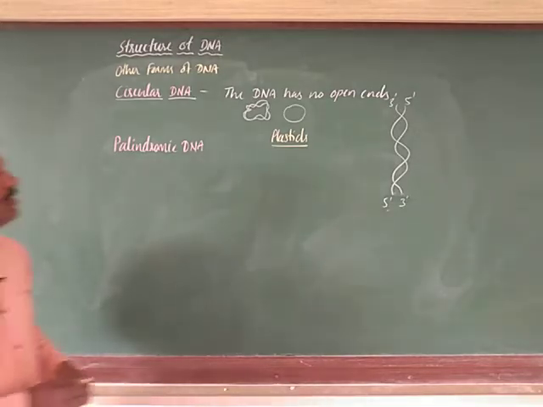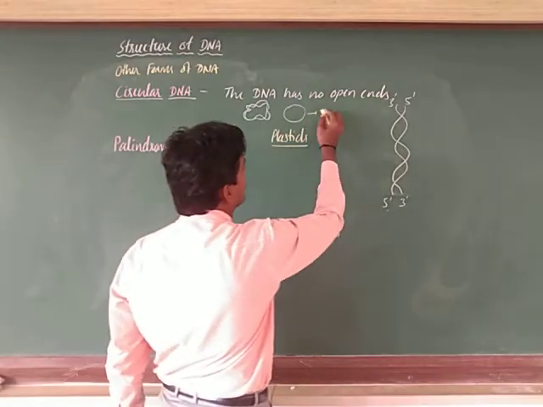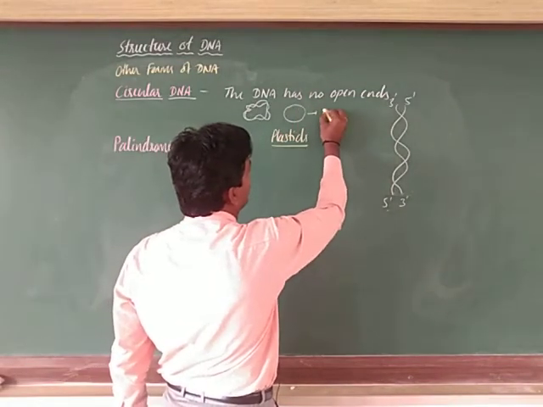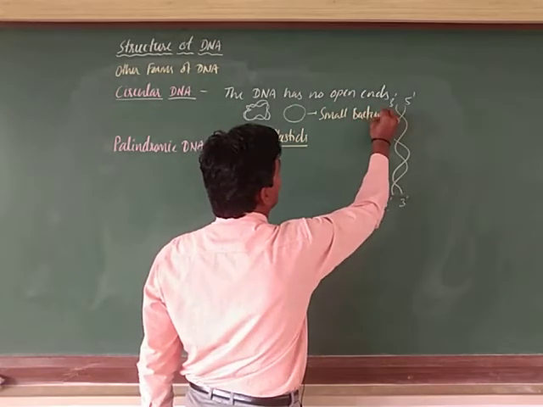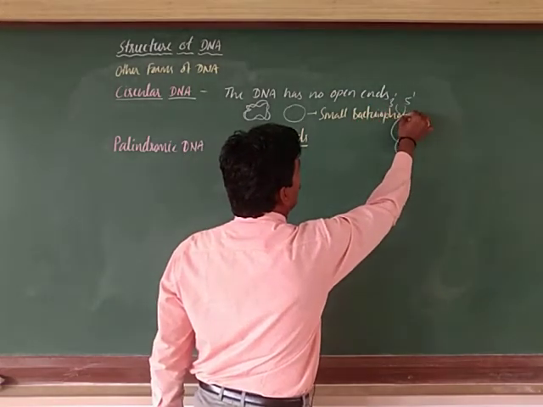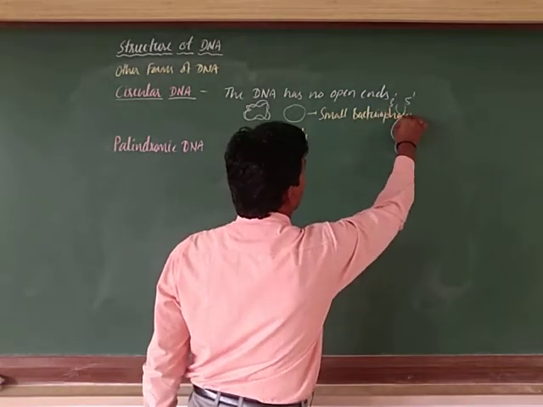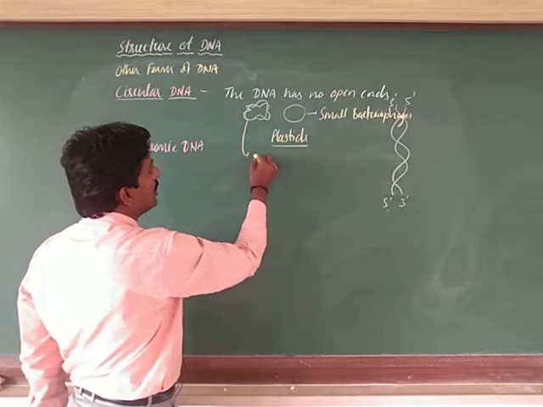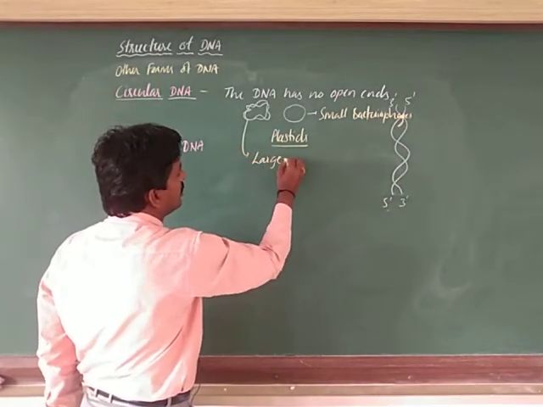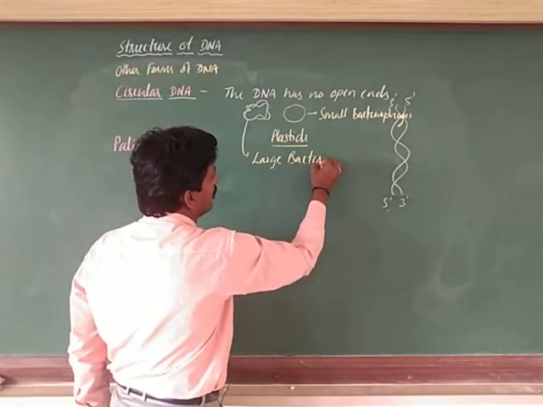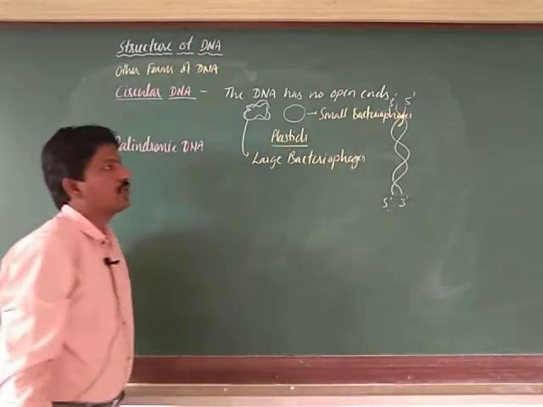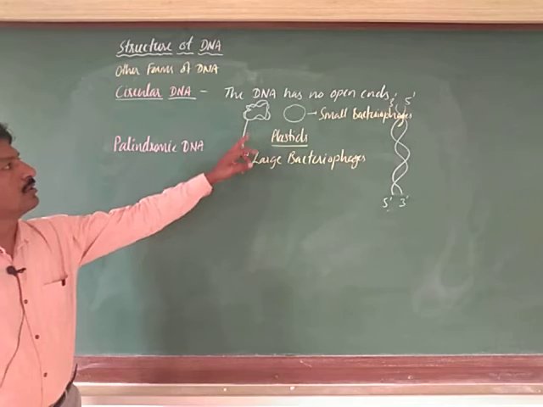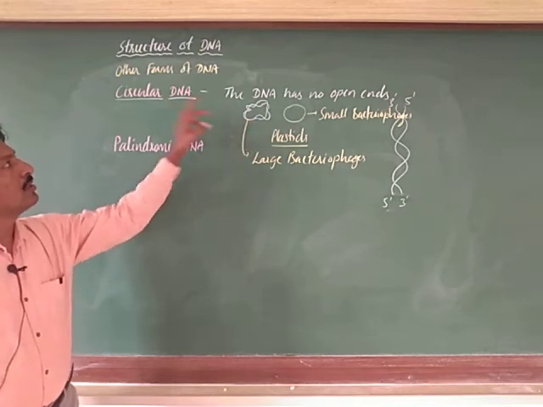It may be single stranded in small bacteriophages. Small bacteriophages are examples of single stranded circular DNA, and large bacteriophages are examples of double stranded circular DNA.